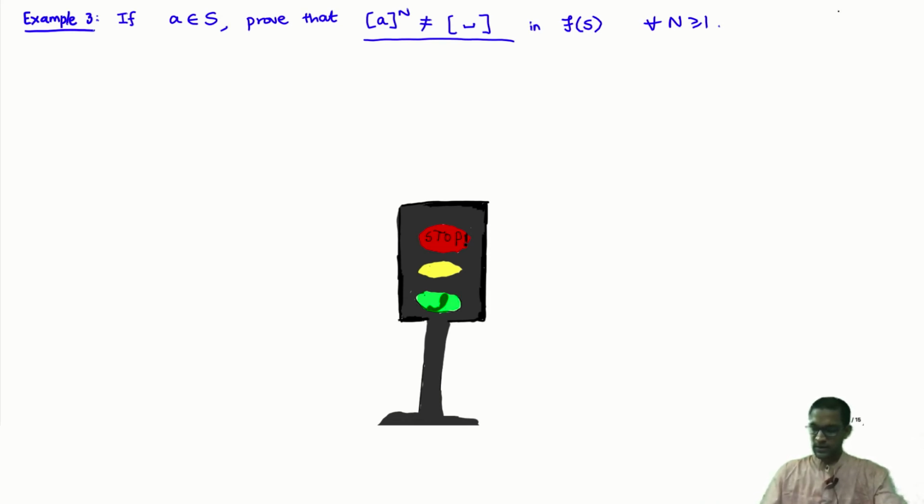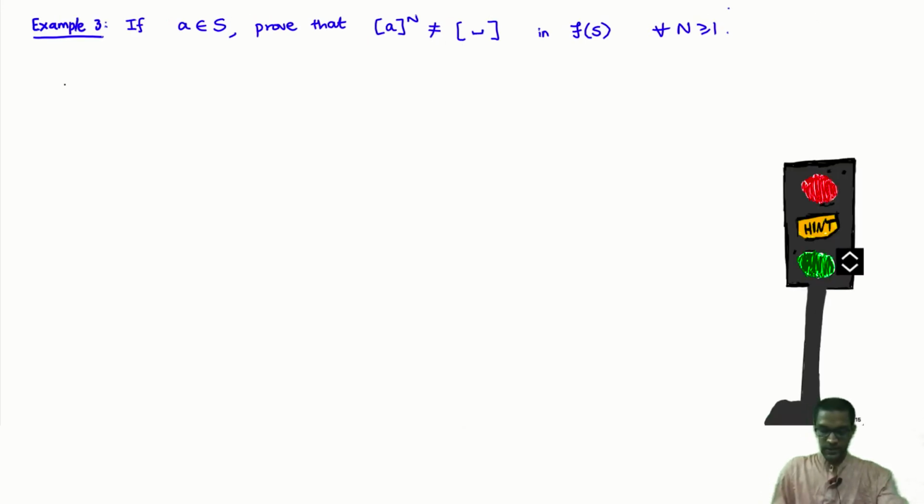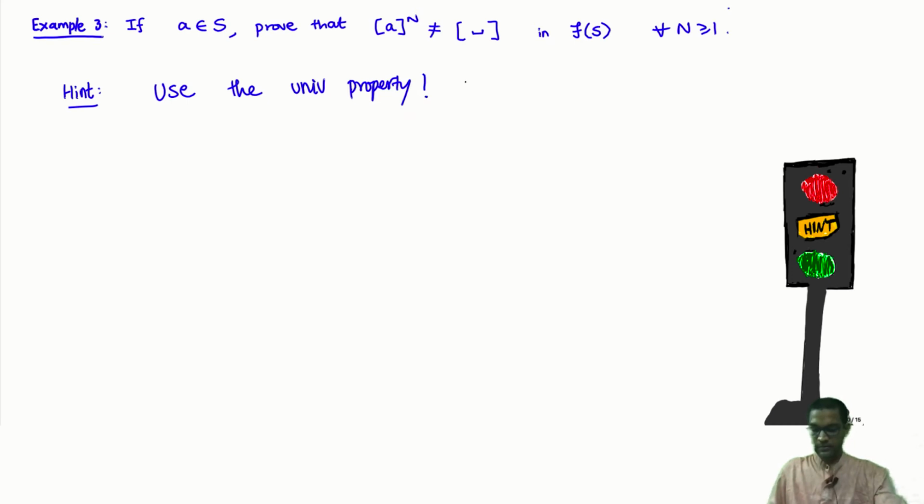Again, pause the video and think about it. In this case the hint is the same thing: use the universal property, and study how example 2 worked.